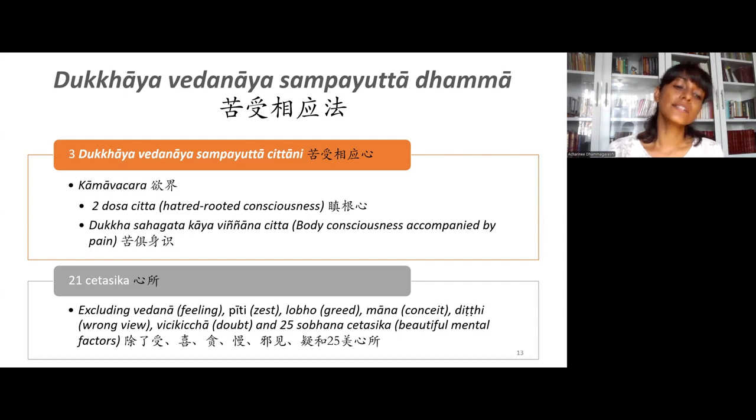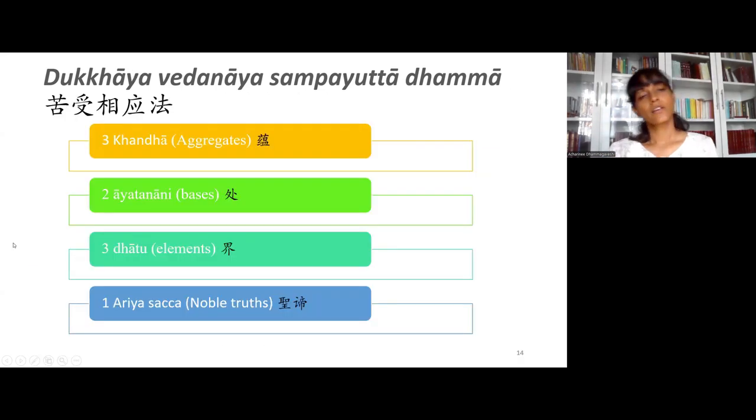Vichikiccha is associated with the vichikiccha moha consciousness. Therefore, that is also excluded. And here we don't get any of the kusala, the maha vipaka, or any of the beautiful chitta. Therefore, the 25 sobhana, the beautiful cetasika, are taken out of this term. So here we get 3 khandha, 2 āyatana, 3 dhātu, and 1 ariya sacca.